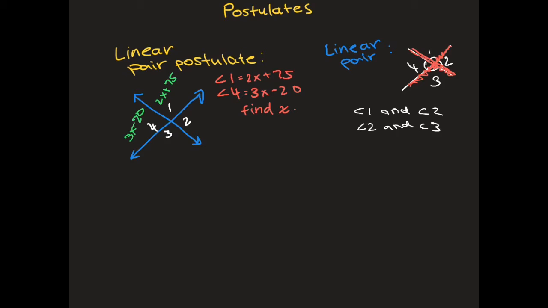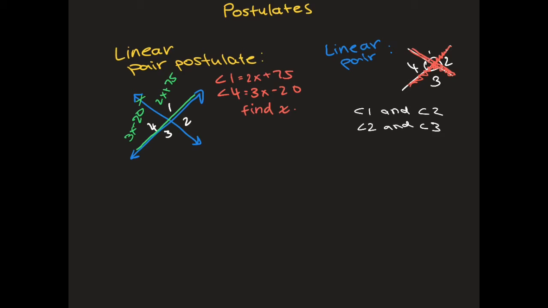In this scenario, they do. Angles 1 and 4 come together to create one full line, so we know they're a linear pair, and those two angles together create 180.